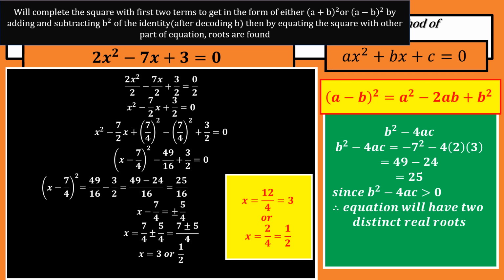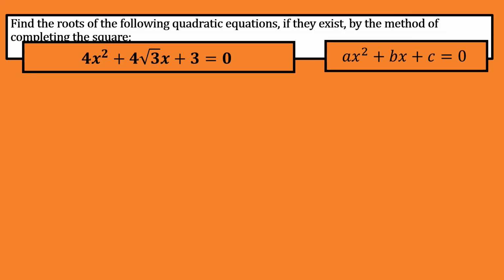And the mathematics earlier. So whatever you find suitable or convenient, you apply that method. Let's take the second part, that is 4x squared plus 4 under root 3 x plus 3 is equal to 0, and we'll do it by the trick method of completing the square.